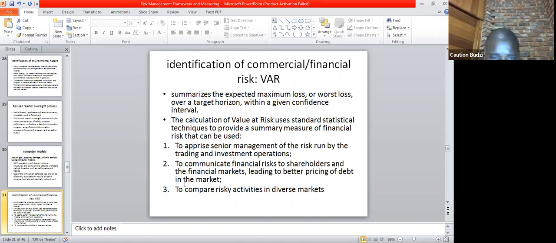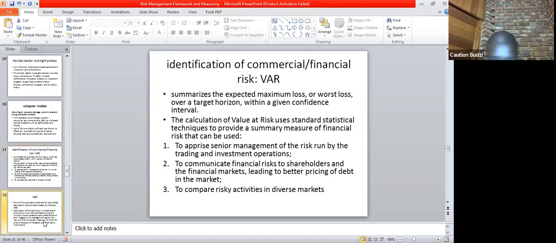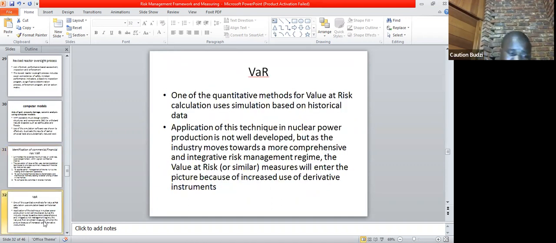The purpose of this value at risk is to appraise senior management of the risk run by the trading and investment operations, and also to permit better pricing of debt in the market, and also to compare risk activities in diverse markets.